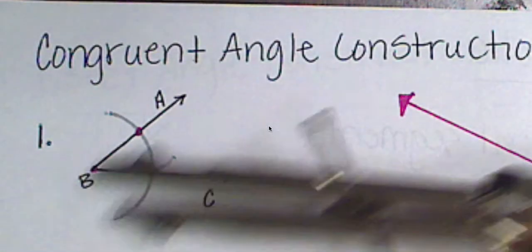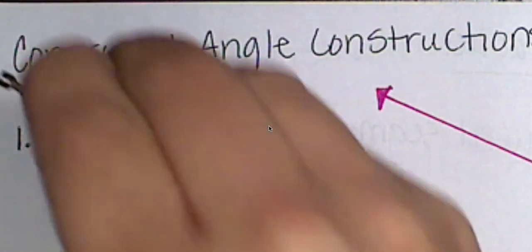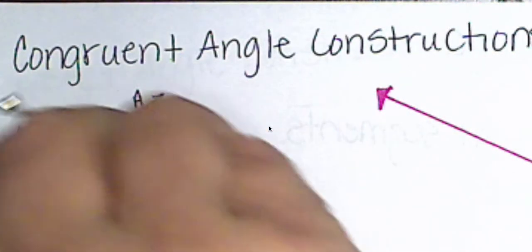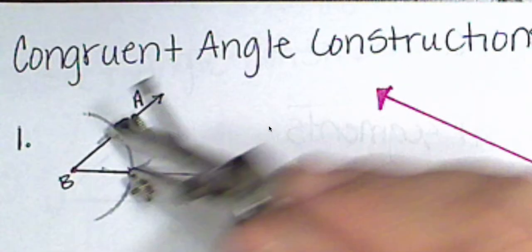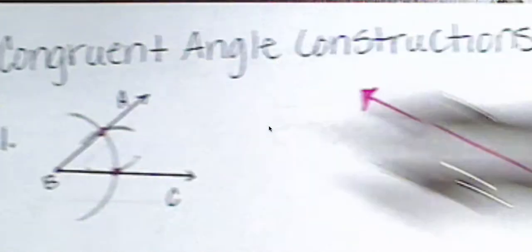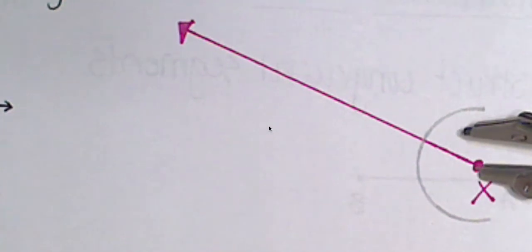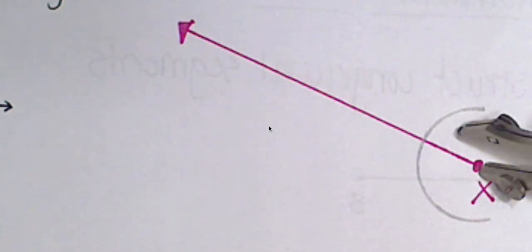I always like to do both sides to double check my work. So I will also create an arc here, knowing that now, yes, this is my measure. I will now take it over here to create my distance between my two rays from an angle.